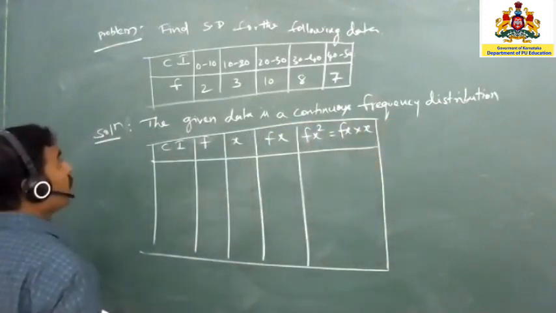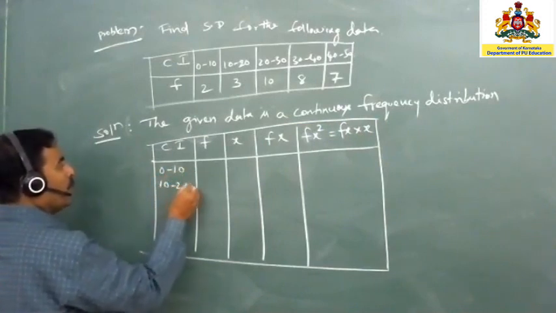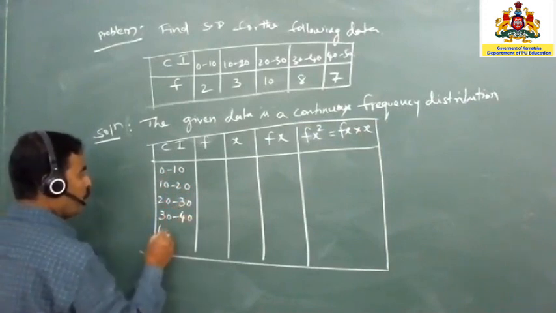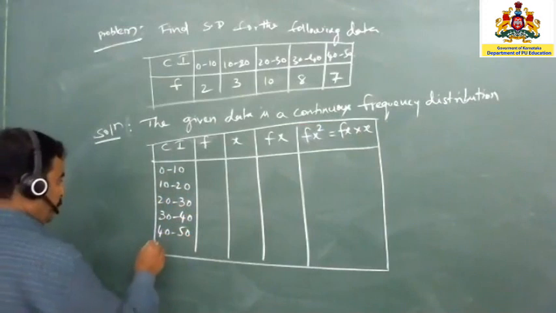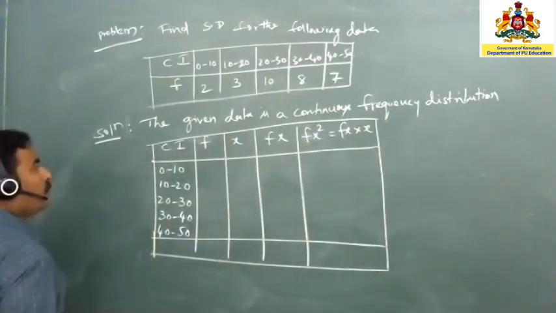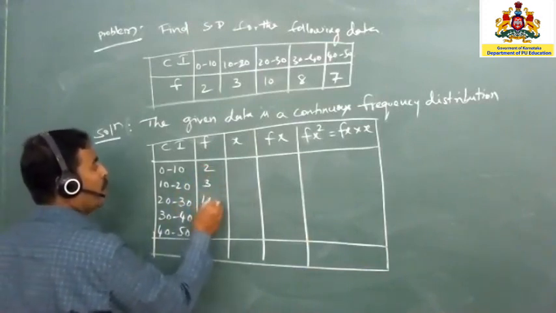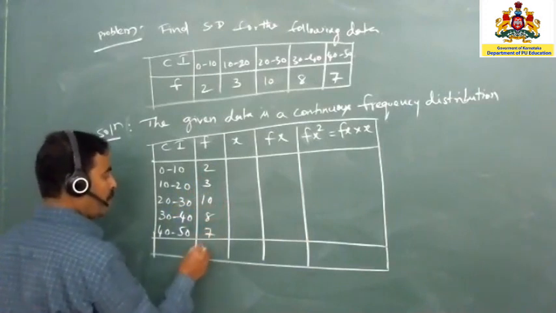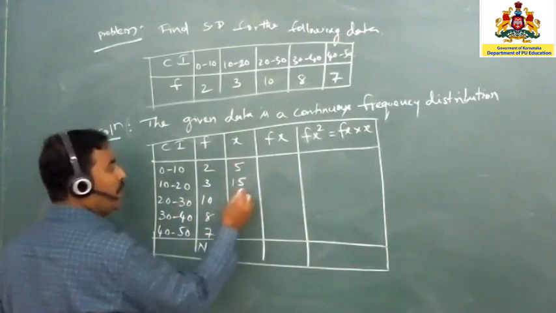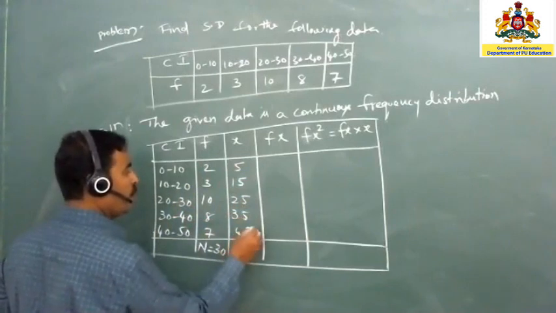Class intervals are 0 to 10, 10 to 20, 20 to 30, 30 to 40, 40 to 50, frequencies 2, 3, 10, 8, 7. N equal to 30. The x values, the midpoints, are 5, 15, 25, 35, 45.